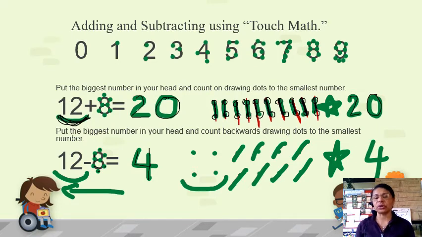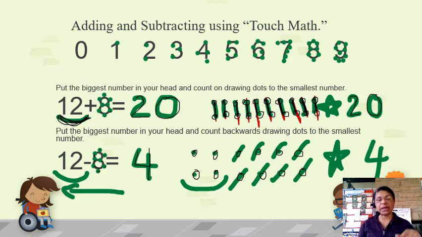So I'm going to go ahead and practice doing this. So I went and I drew all of these dots. 1, 2, 3, 4, 5, 6, 7, 8, 9, 10, 11, and 12.